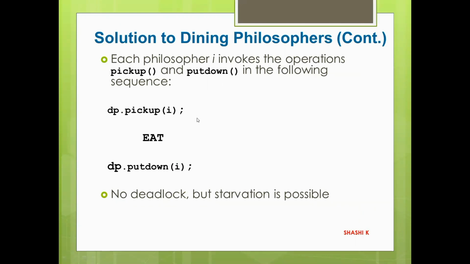After finishing the eating operation, he will execute the put down procedure. First execute pickup, then go to eating state, then execute put down. Now let's see what is there in the code for the pickup procedure and the put down procedure.